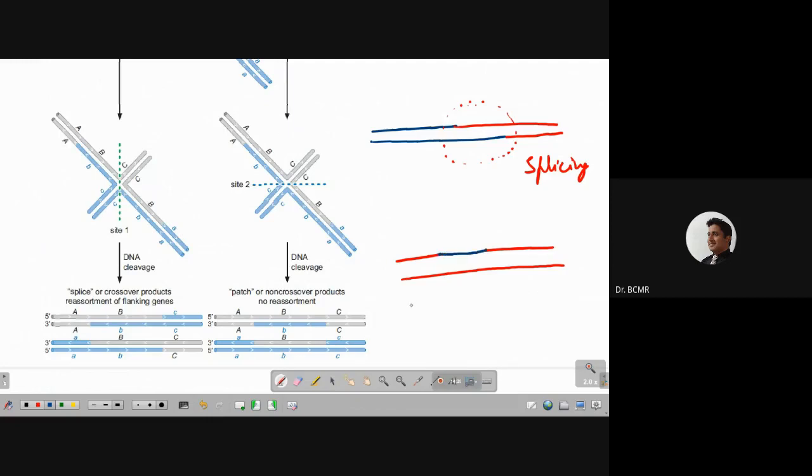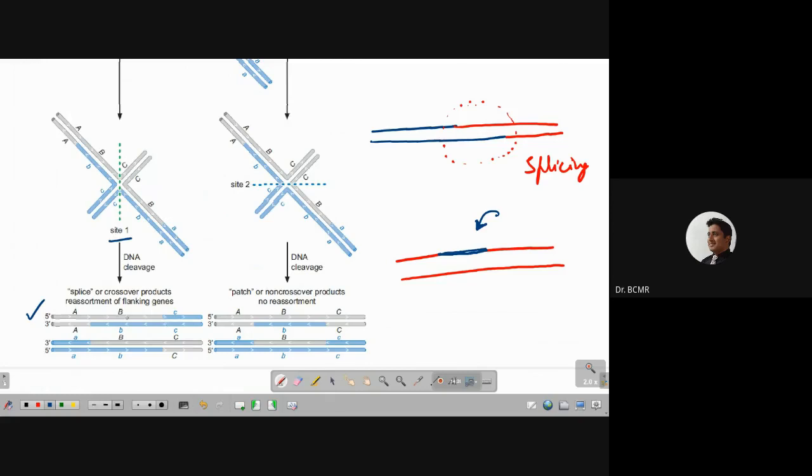If you find a molecule like this, that is called a patch. Only a small part of the DNA has come from outside and been exchanged, only this much. That is called a patch. If we resolve a Holliday junction in site 1, we are likely to get splice regions like this.